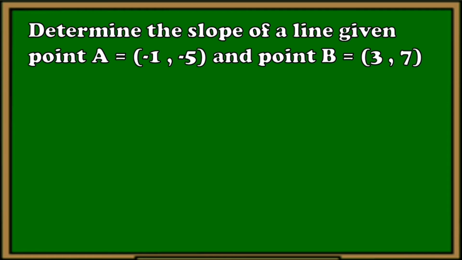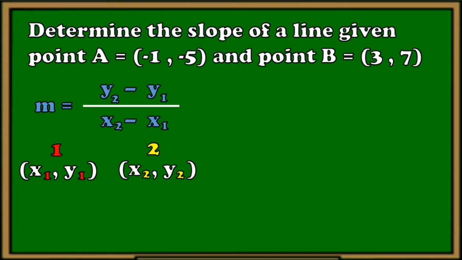Let's try a different given. Determine the slope of a line given point A is equal to -1, -5, and point B is 3 and 7. Again, we're going to use the formula m is equal to y sub 2 minus y sub 1 all over x sub 2 minus x sub 1. And we're going to follow this pattern. Now, let's put point A under number 1.